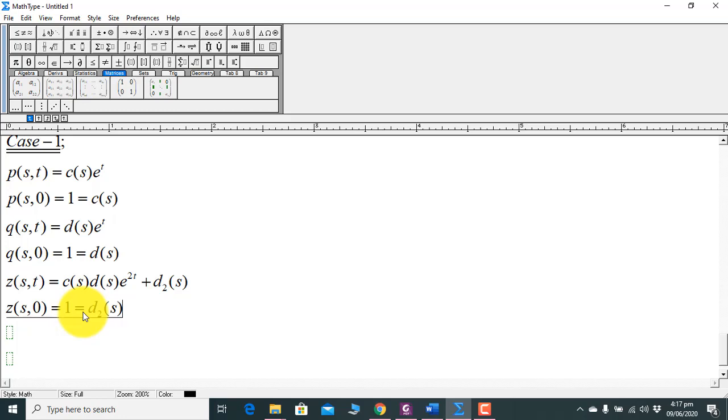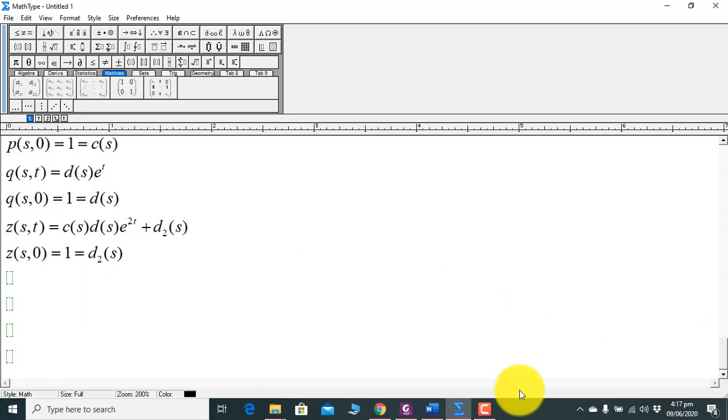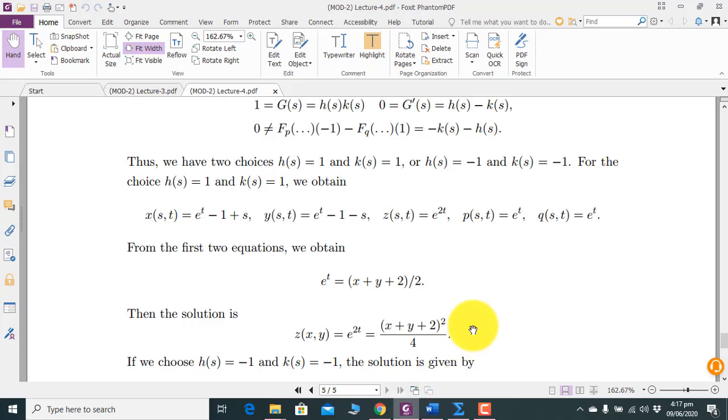D is 1, c is 1, e to power 0 is 1, so d2 is actually equal to 1. So what will be the solution? You have to just put the value. So indeed p is solved, q is solved, z is solved, x and y are also solved, and this was your solution, which is given here, that x of st now becomes this, y is this, z is this.